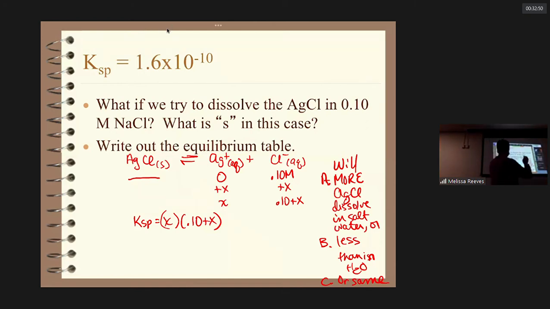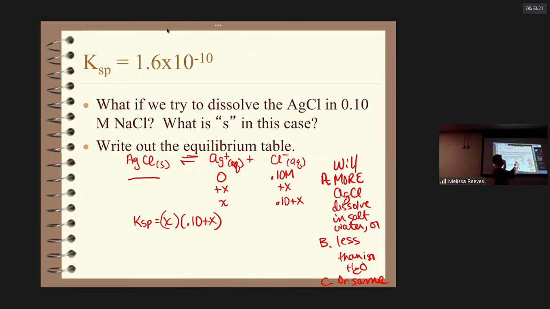Sorry, okay. So if I have silver and chloride dissolved in pure water, and I add a bunch of this, and so we go back towards the reactant side, will I have now less dissolved or more dissolved?